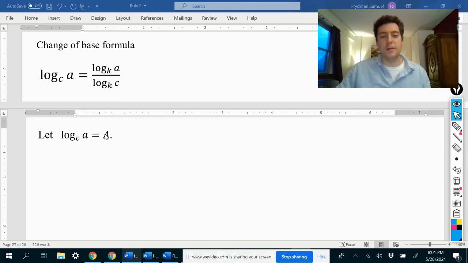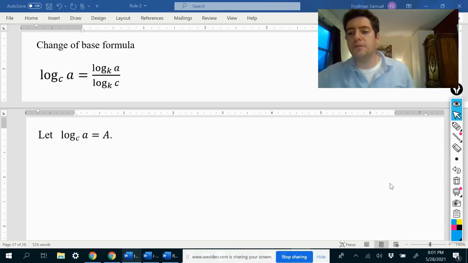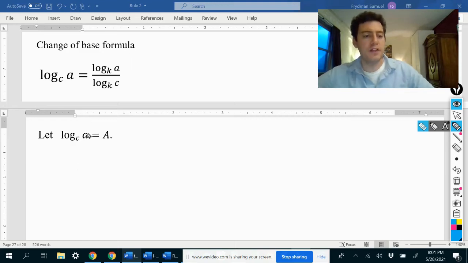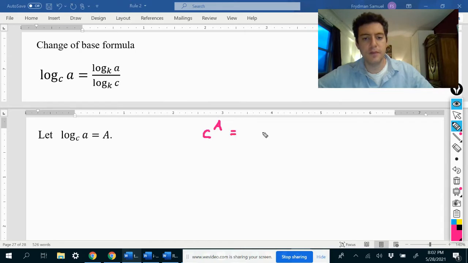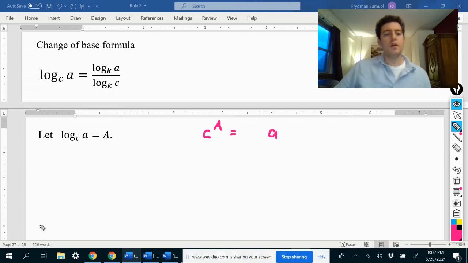I'm just going to call that number capital A. Now, if I know that the log of little a base C is equal to capital A, then I can also write that C raised to the power of capital A is equal to little a. I'm going to leave a little bit of space here. You'll see why in a second. So that goes back to what a logarithm is.